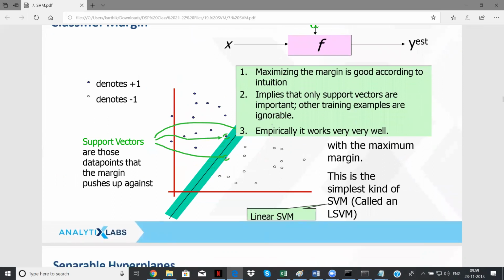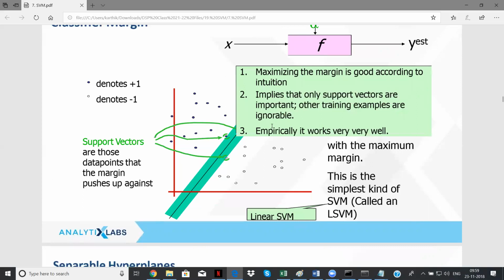Like I have said again and again, we are maximizing the distance. So maximizing the margin is good according to our intuition, like how I have found it out. But then I might lose some data, right? That being said, this entire system empirically works well.